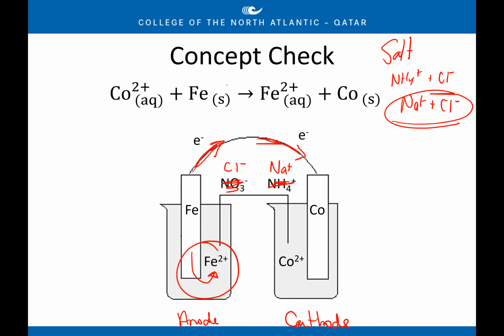So I do the same thing here. The cobalt does the same thing. Look, the cobalt turns into cobalt solid. Let the reaction guide you on how you draw your arrows. Anions are attracted to the anode, cations are attracted to the cathode. We are done. It looks harder than it is, but it is actually pretty easy.